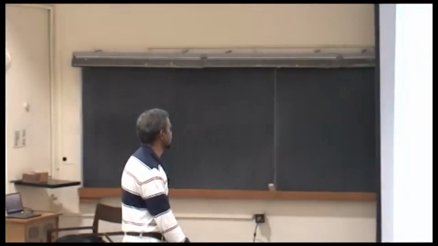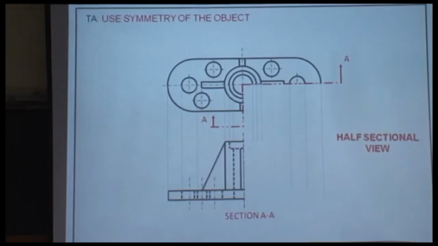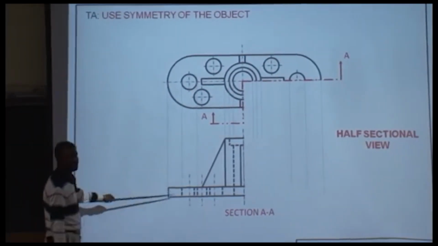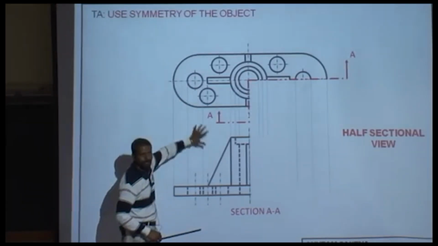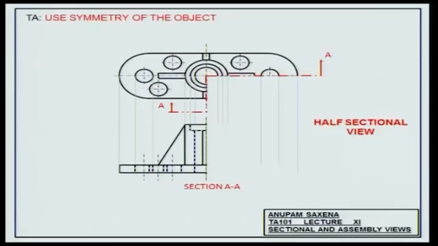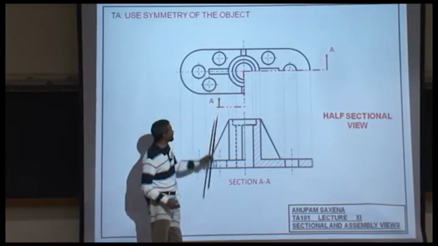The part on the left in the front view stays the same as if you're taking the front view of the entire object on the left. The part on the right is sectioned. From the top view, you realize that the object is symmetric.